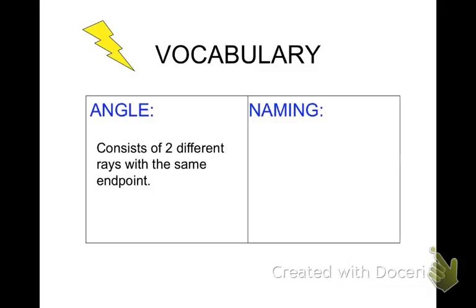All right, so kind of up on the top half of your box there under naming, make a little angle. The easiest way to name an angle, and when this happens, you're going to be happy, sometimes they'll put a number, I'm going to put the number 1, inside the angle.